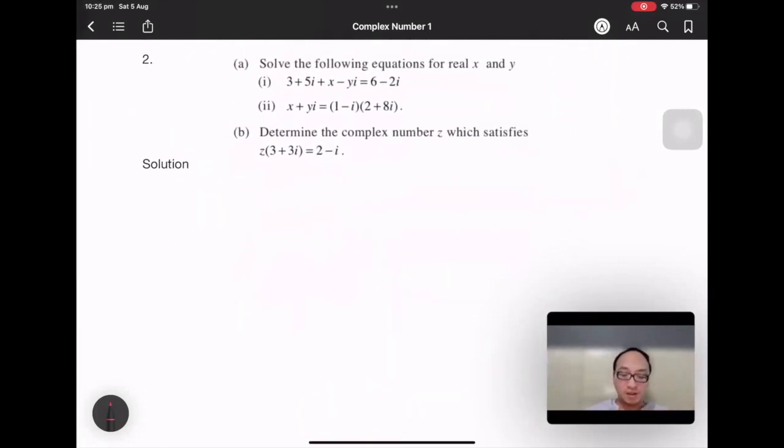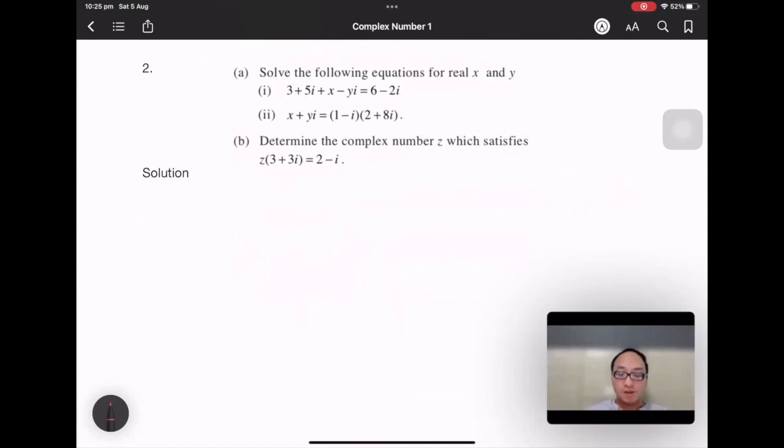Number 2. Solve the following equation for real x and y. (i) 3 plus 5i plus x minus yi equals 6 minus 2i. So we can move all the numbers to the right.